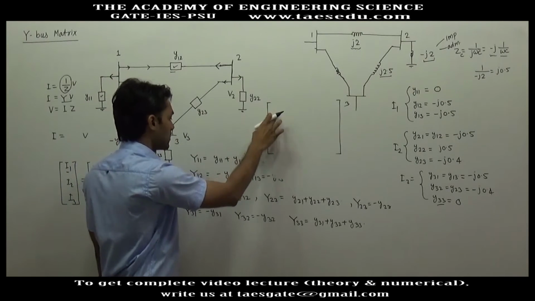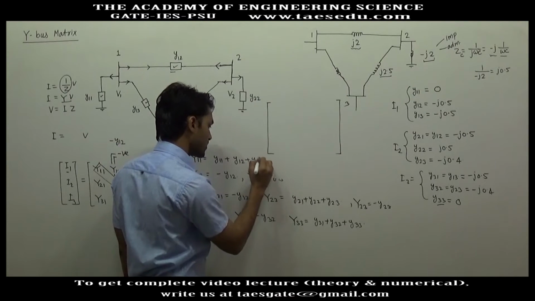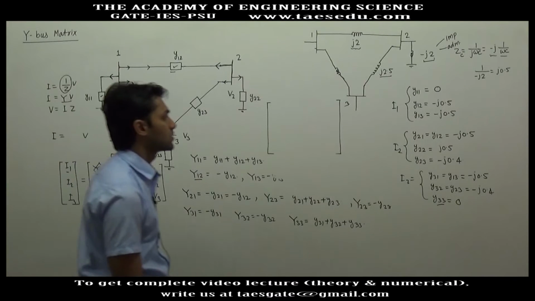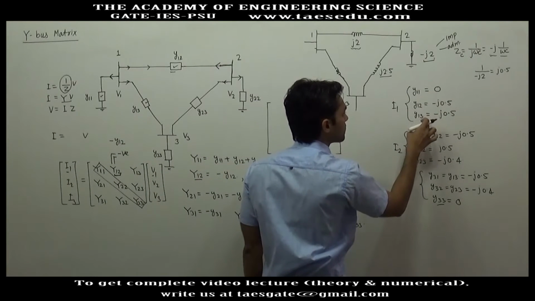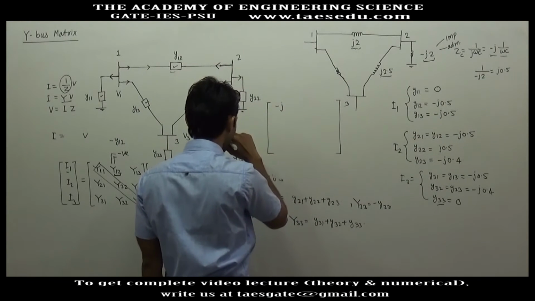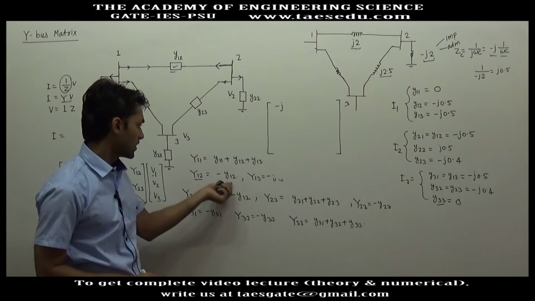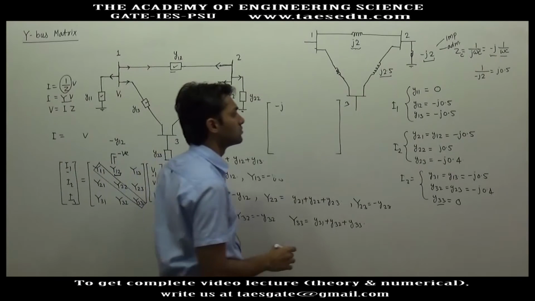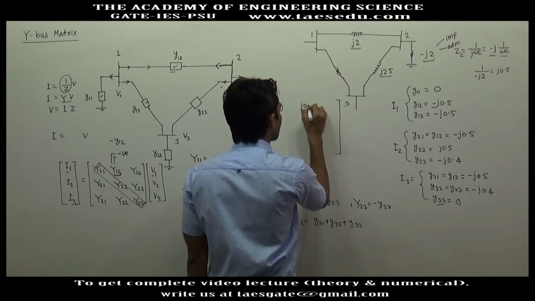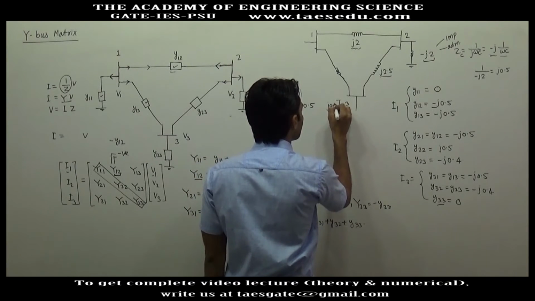Here we have y11, which is nothing but the summation of all the admittances connected to bus 1. So y11 plus y12 plus y13 will be minus j. Now what will be y12? Capital y12 is the negative of small y12, the negative of this quantity, so this will be j 0.5. y13 is j 0.5.